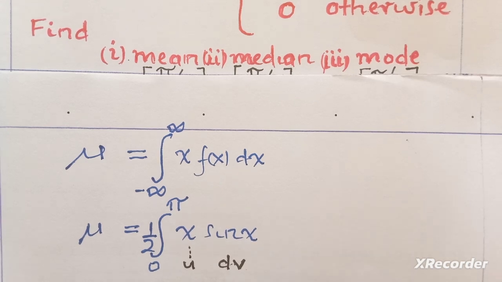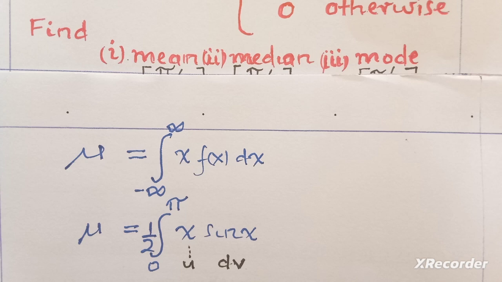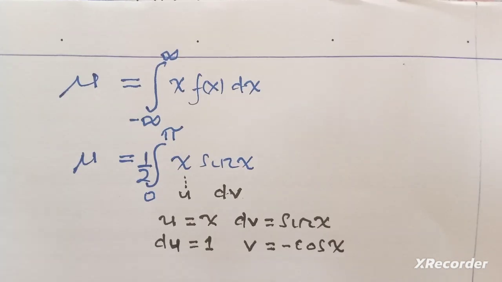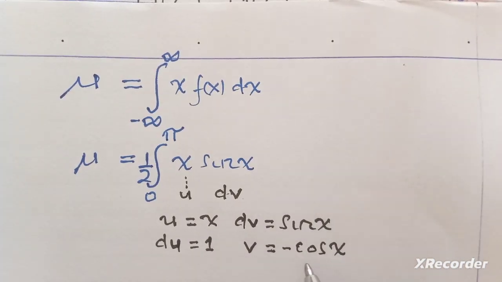For v, it's actually the integration of that. The integration of that, guys, as we know, is the opposite of differentiation. So this one will now be minus cos x, like that. You can even check, because differentiation of cos x is minus sine. Because of this minus, it becomes the sine.